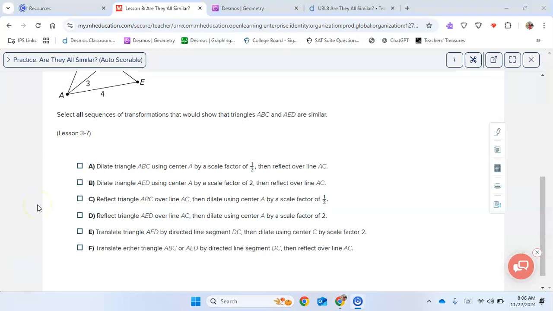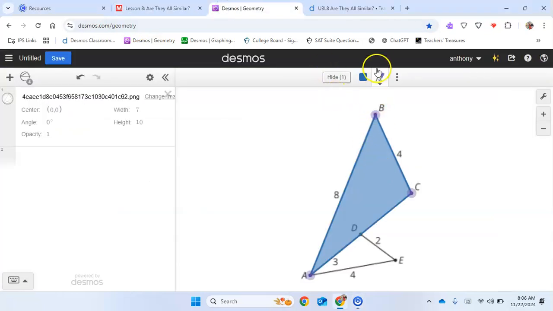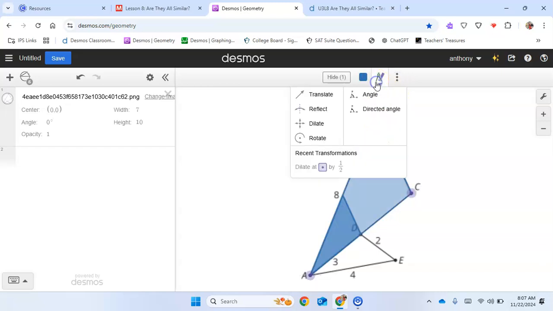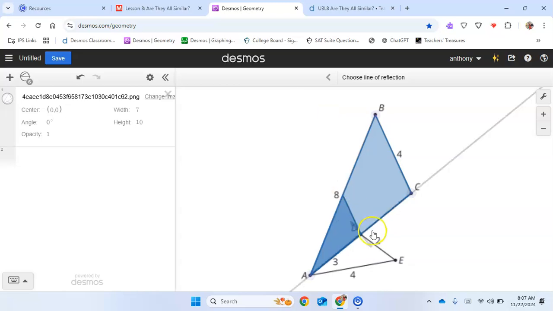Dilate triangle ABC using center A by scale factor of 1/2, then reflect over line AC. Dilate 1/2, reflect over AC. Yep, that worked.